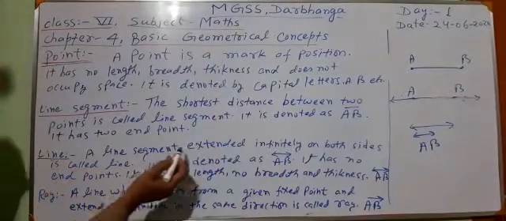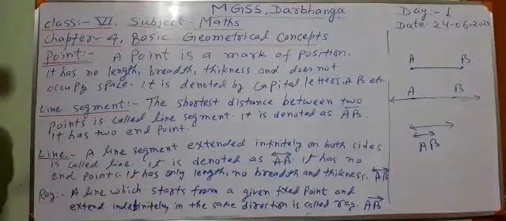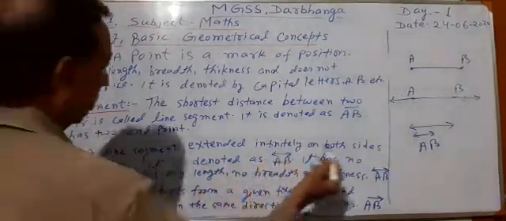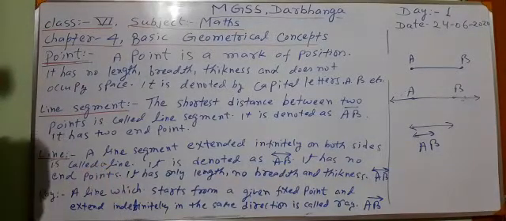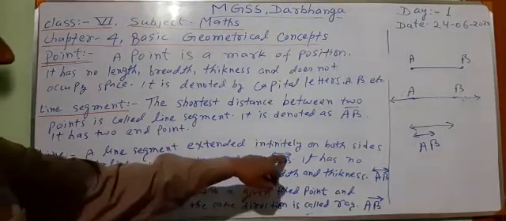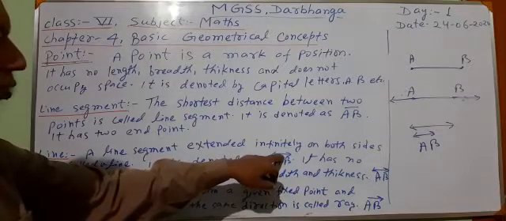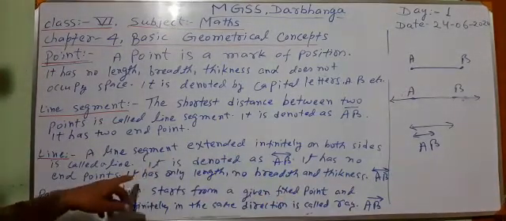This is the definition: a line segment extended infinitely on both sides is called a line. It is denoted by AB with a double-arrow sign above. It has no end points.